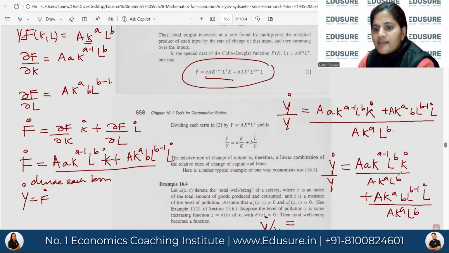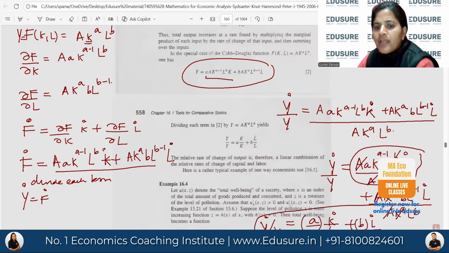So we can cancel the common terms. In the first expression, l^b will cancel, A will cancel, and we will be left with a and then k dot upon k. And in the second one also, we will be left with b and then l dot upon l.